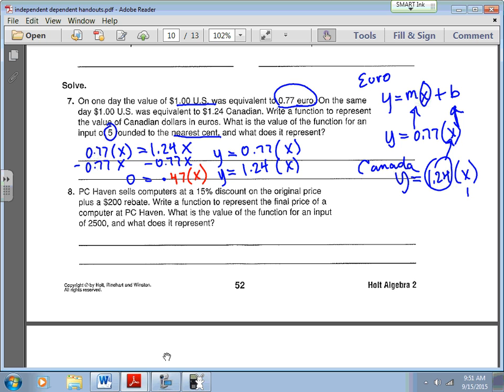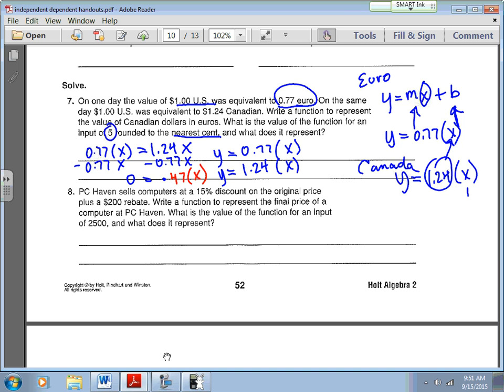All right, let's look at number 8 then. PC Haven sells computers at a 15% discount. Discount means you're subtracting, okay? On the original price plus a $200 rebate. It says write a function to represent the final price of a computer at PC Haven.